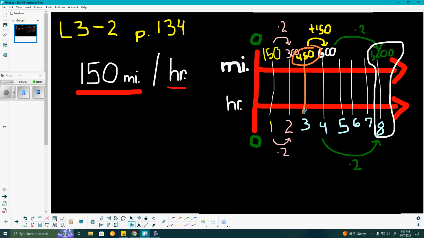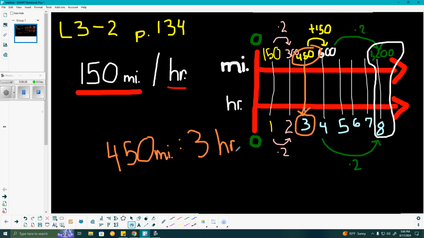I'm going to look directly below it, and I see that it is 3 hours. So if the train is traveling for 450 miles, as long as it goes at a constant speed, it will take the train 3 hours.